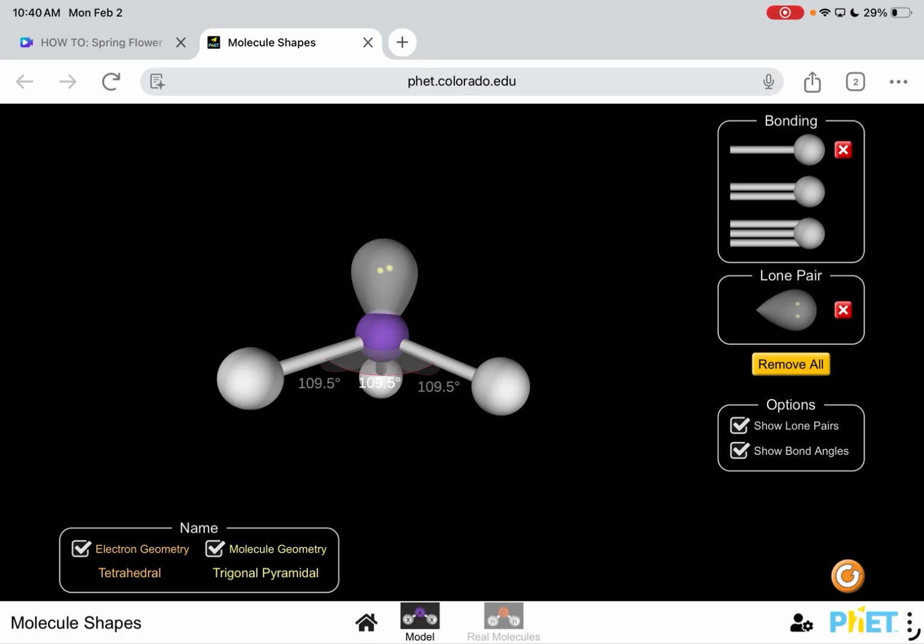So it's a 3-sided pyramid. So trigonal for 3, pyramidal for pyramid. So hopefully you're seeing quickly, it would be really stupid to just look at the chart and straight memorize them. If you can picture what they look like, it's going to help you to determine this whole idea of molecular polarity, but it's also going to be easier to remember the names.